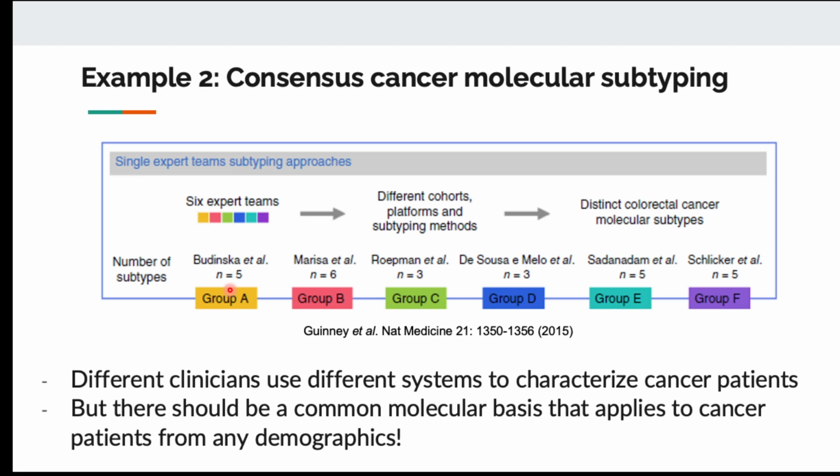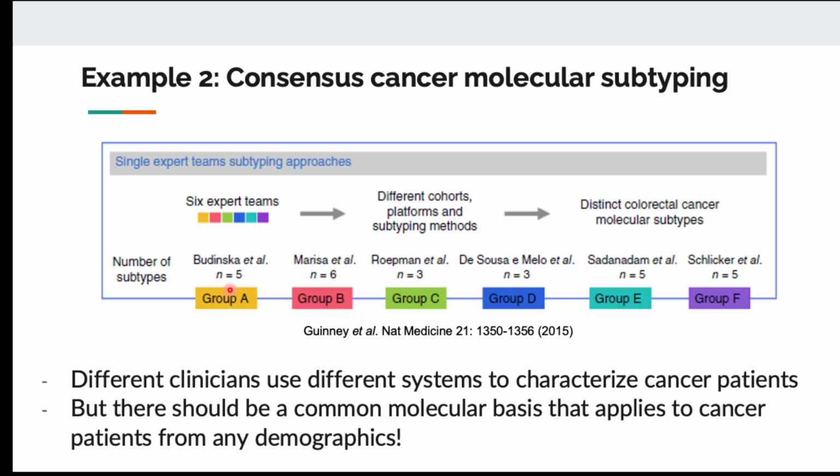And this subtype will dictate how the clinician selects the treatment for you. If you have subtype number 1, you might get radiotherapy. If you get subtype number 2, you might get a certain drug that can treat your cancer. So knowing the subtype is important because it directs the patients to the right treatment.